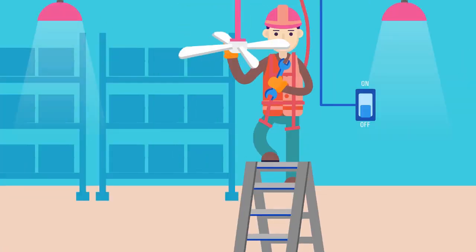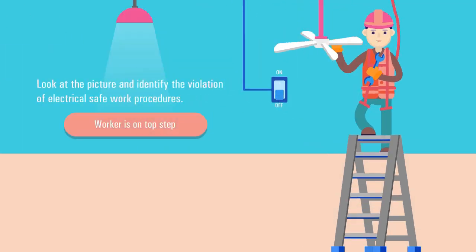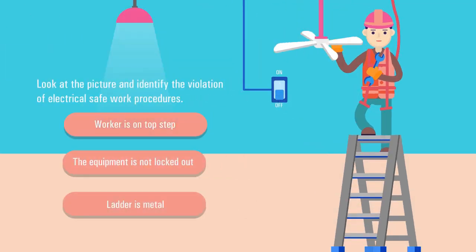Let's look at an example where safe work procedures aren't being followed. Look at the picture and identify the violation of electrical safe work procedures.